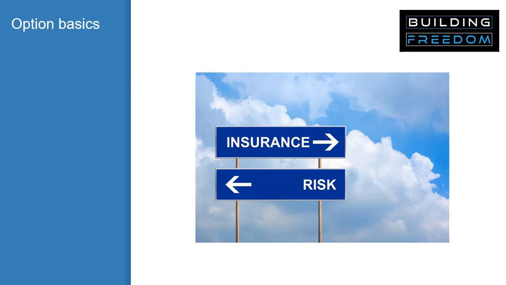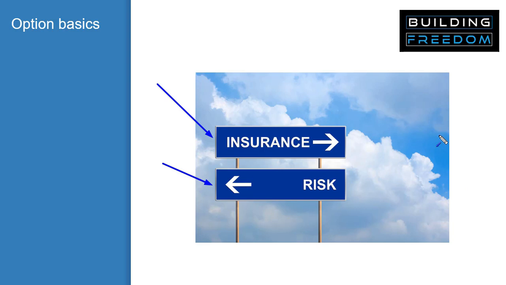I'm buying it from an insurance company, and I'm paying some sort of fee per year to get this insurance. But by buying that insurance, I have transferred the risk to the insurance company. So I'm paying maybe $1,000 per year, but that gives me the peace of mind knowing that if I should wreck my car or somebody should steal it, then I'm getting my money back from the insurance company.